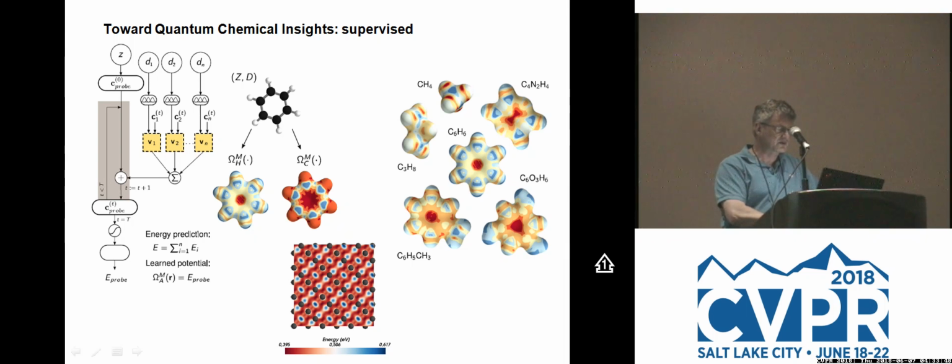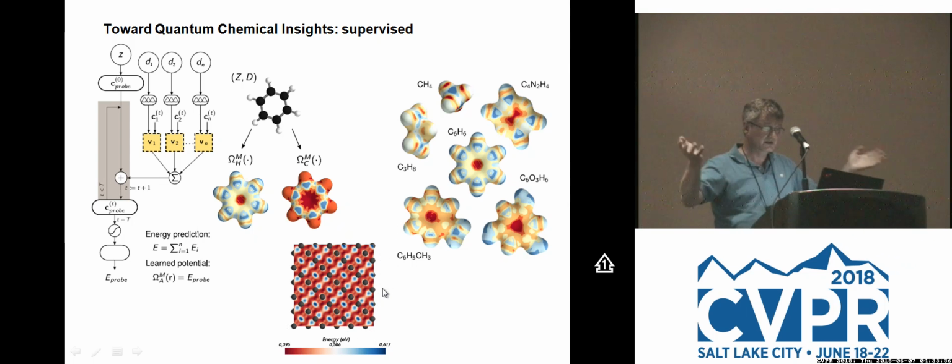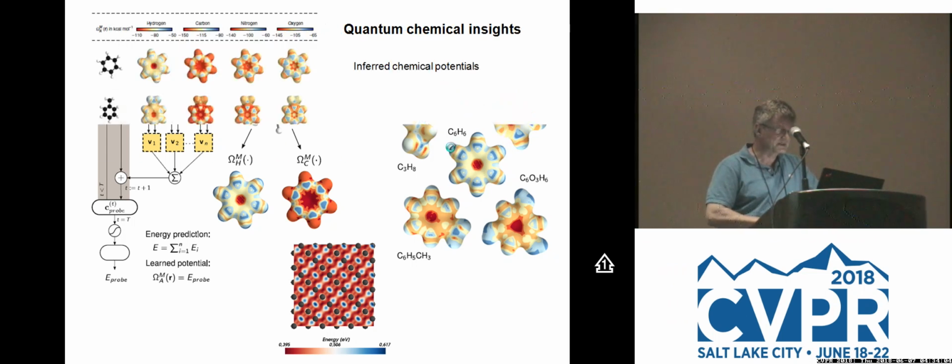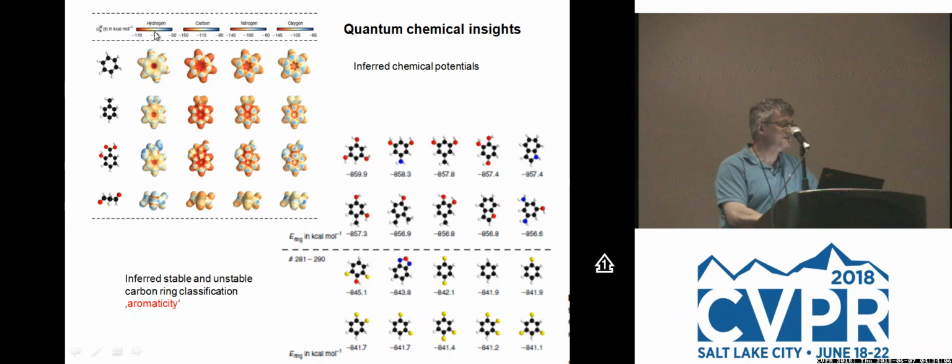This is now for materials, so it can be applied to materials. And you see a very nice structure. Materials have a lattice. And this is now for molecules. And you can clearly see, maybe it's better on this slide, if you are hydrogen, where would you bind? If you're carbon, where would you bind, and all that.